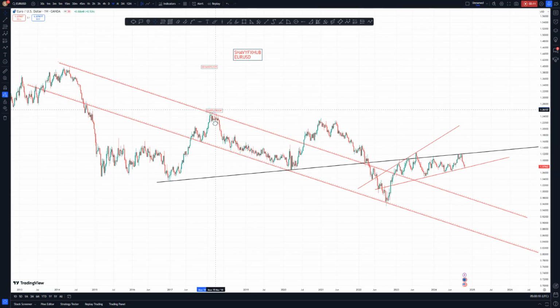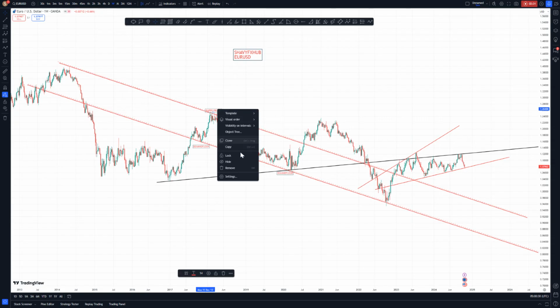These are supply roof. These are demand floor. A descending trend line. Euro USD is bearish. Euro USD bearish since 2014 based on the structure.